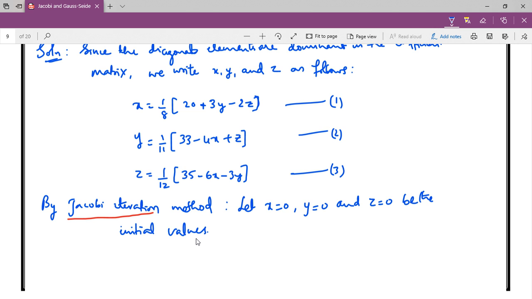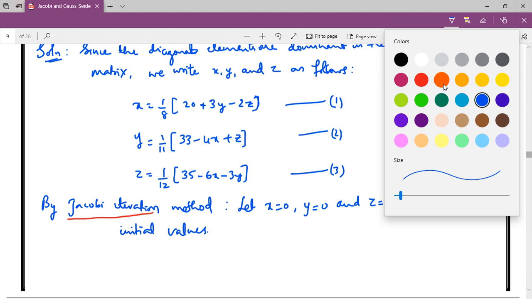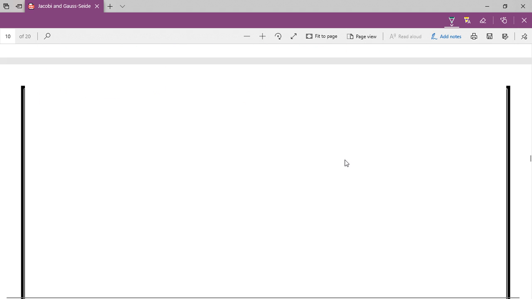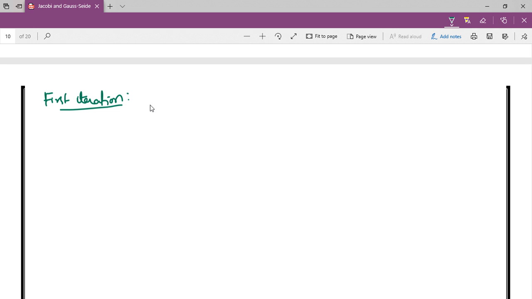Now after taking x, y, z as 0 as initial values, we go for the first iteration. For the first iteration we have x0, y0 and z0 as initial values.